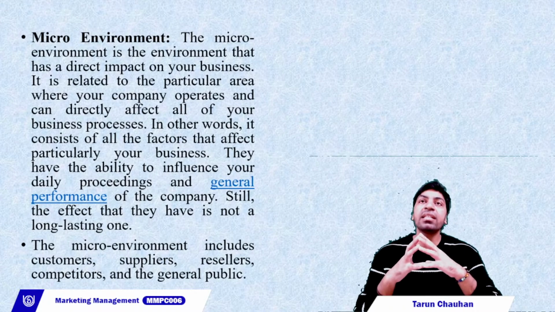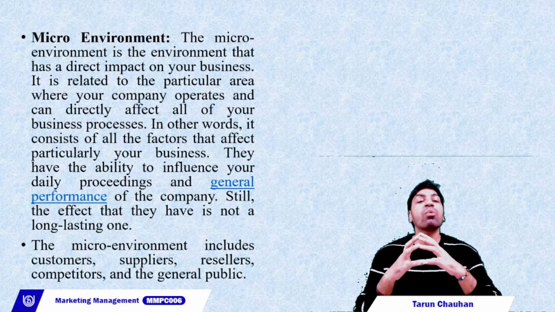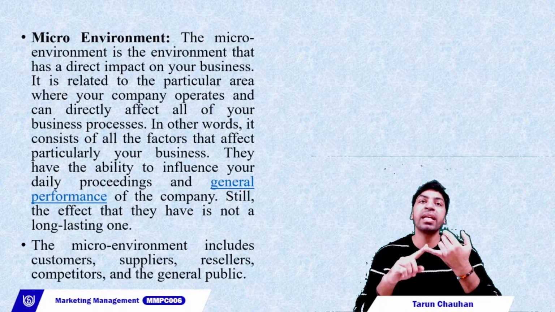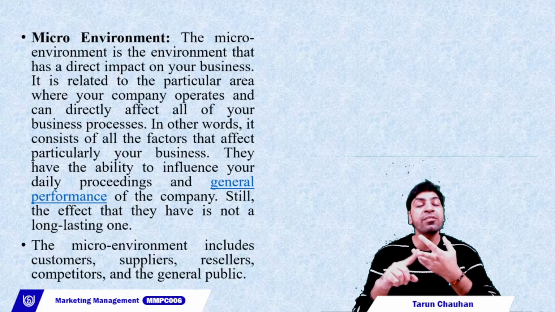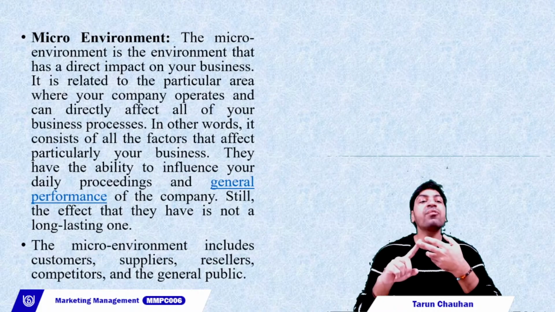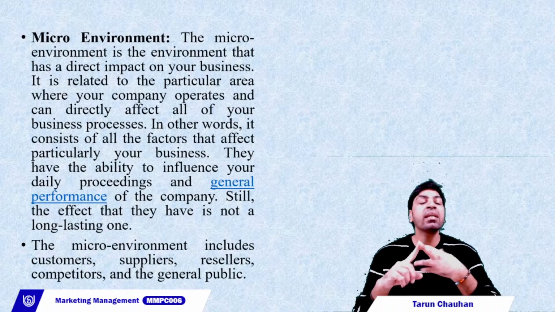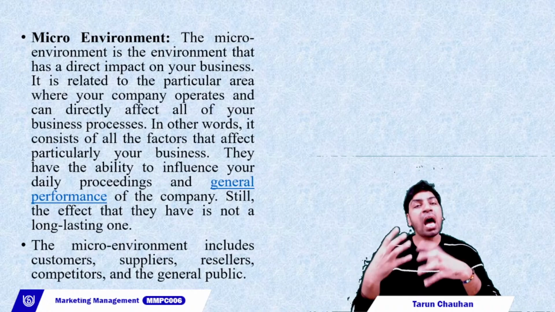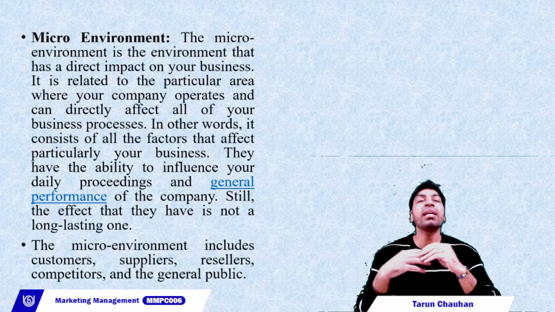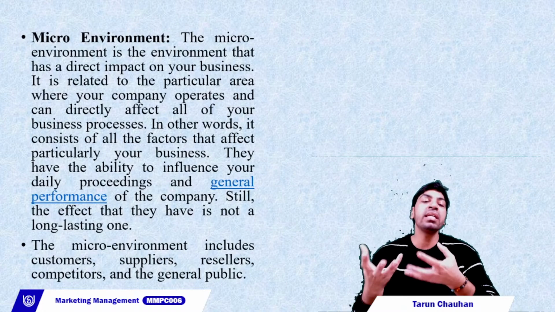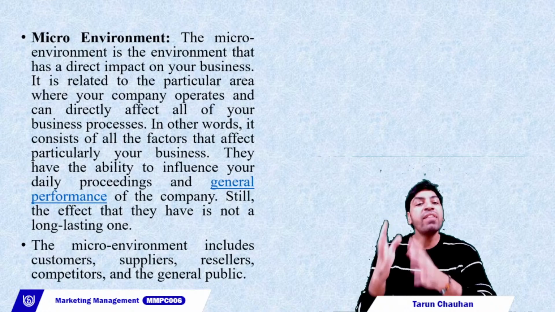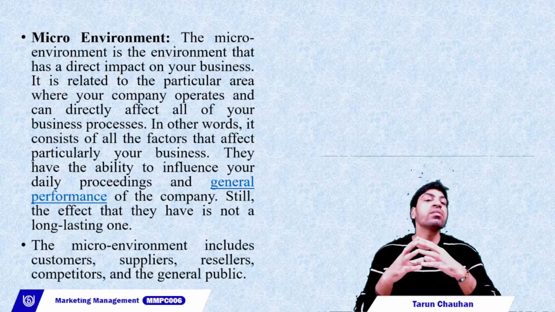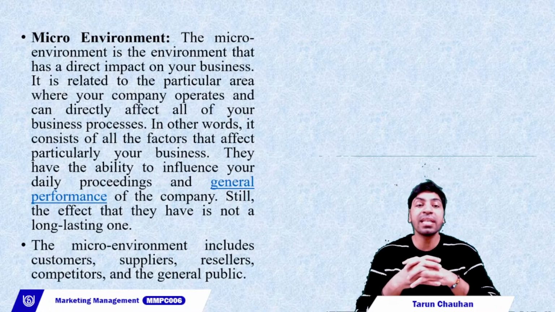It is related to particular areas: it relates to the customers, the suppliers, the resellers, the competitors, and the general public. Companies know how they will operate and work on these particular factors which ultimately affect all of their business operations or processes as well.